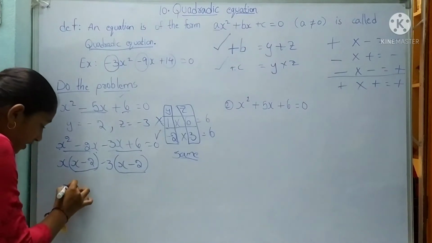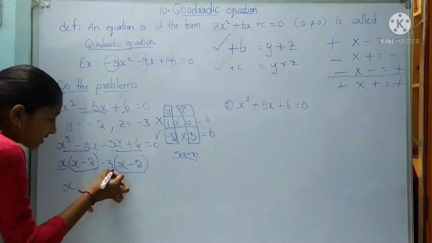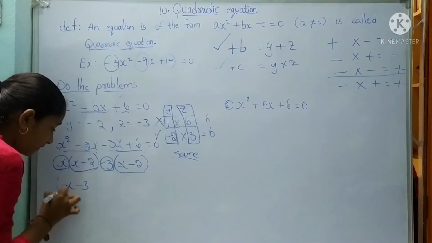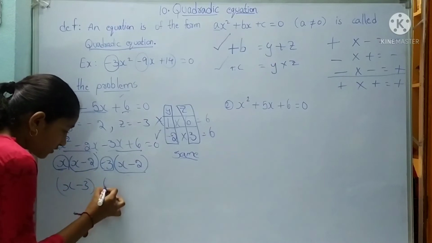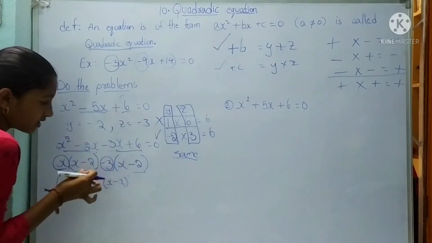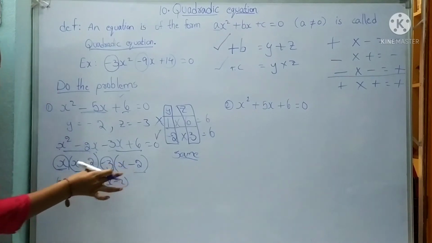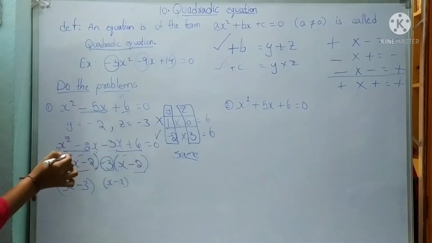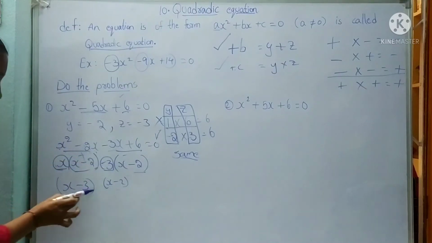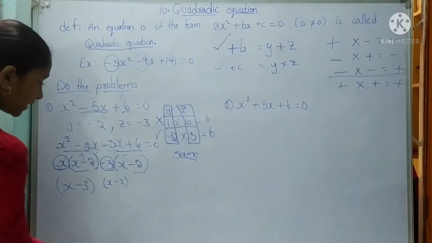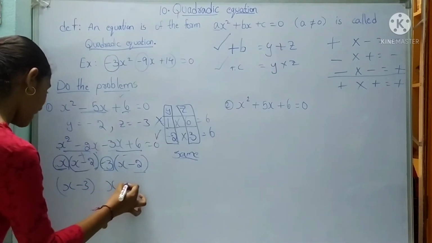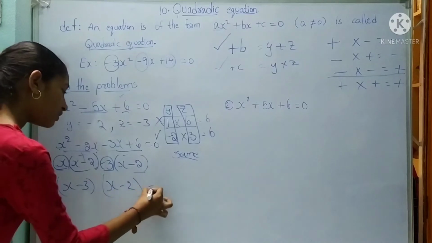Here write x and this one: x minus 3 and one pair x minus 2. So these 2 are the same now. Okay, x minus 2 is the same now. So I am taking one of that x minus 2 and here x minus 3. So combine it right here. So the answer is x minus 3 and x minus 2 is equal to 0.